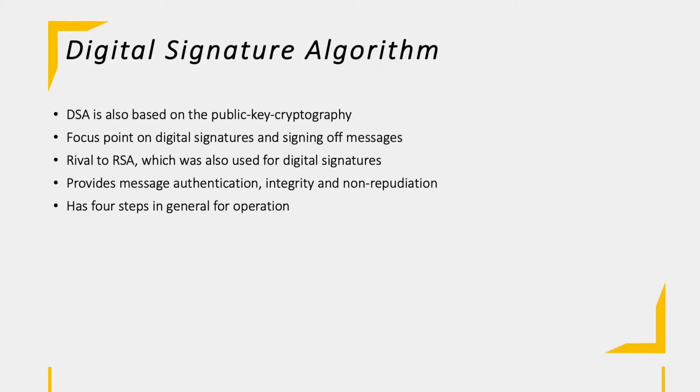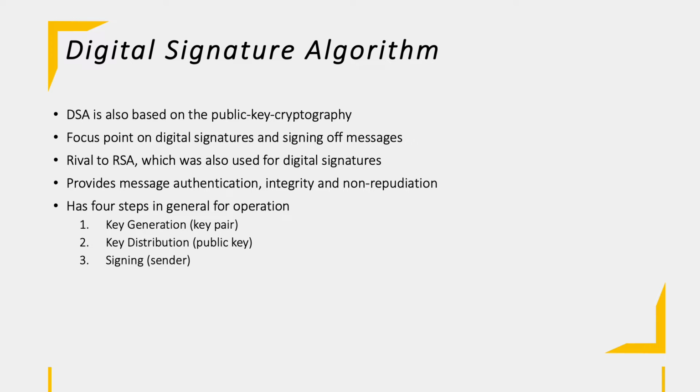As I just said, it has four steps in general to operate. The first step is key generation, where we generate the key pair, the public and private key. Then we have key distribution, so we need to get our public key out to the necessary people or clients, however you want to call it.